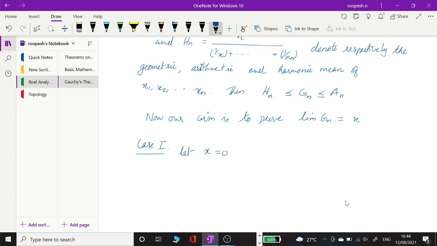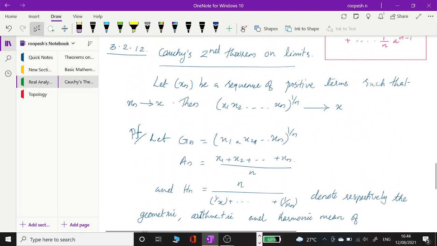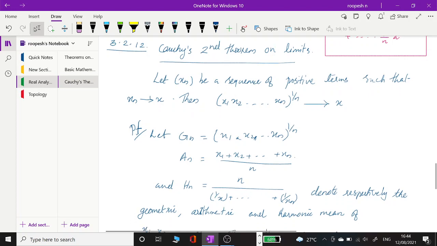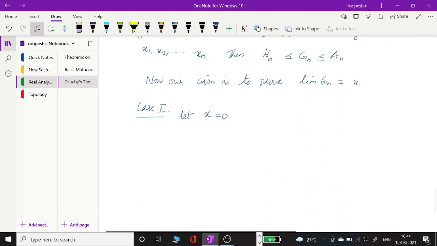What will happen if this limit is equal to 0? This x equal to 0. Then what about the arithmetic mean? Then the arithmetic mean should be equal to 0, right? So if x equal to 0, then by Cauchy's first theorem.